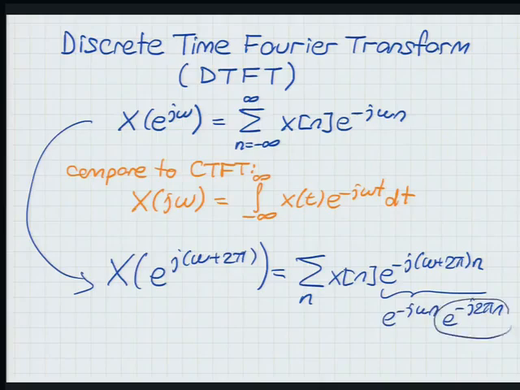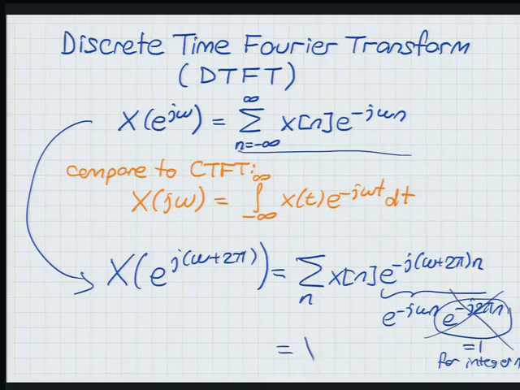So you're talking about a complex number whose angle, the angle that it makes with the real axis, is an integer multiple of 2 pi, which is really 0, right? So that means this number is 1 for any integer n. Okay? So therefore this term drops out, and what is left is the same thing that we defined as the Fourier transform.